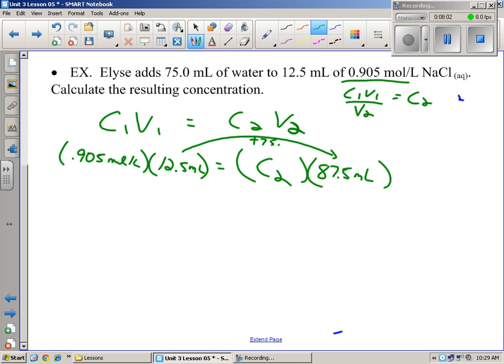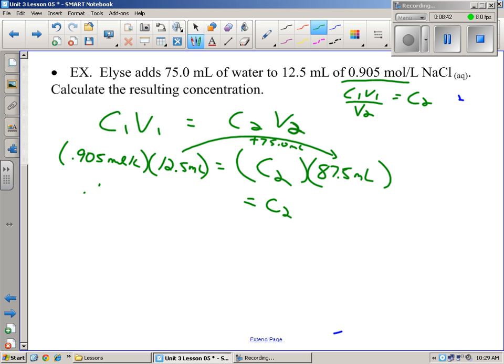Now listen, this is a rare question. You don't get many like this where they're adding water. Usually they tell you the beginning and the final, and you just plug the numbers in. Usually this plus 75 thing is not part of the question. Usually the question would say it's 12.5 and they end up at 87.5, and they'll tell you those two volumes, so you don't have to worry about adding them. But just make sure it's beginning and end. And you solve for C2 here.